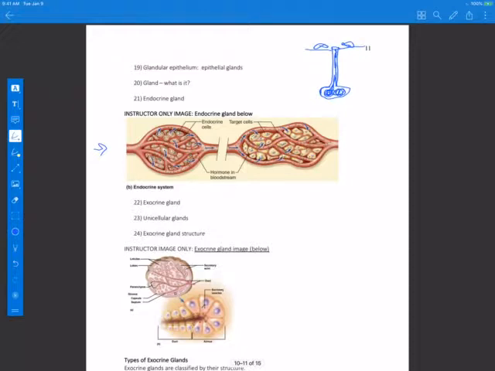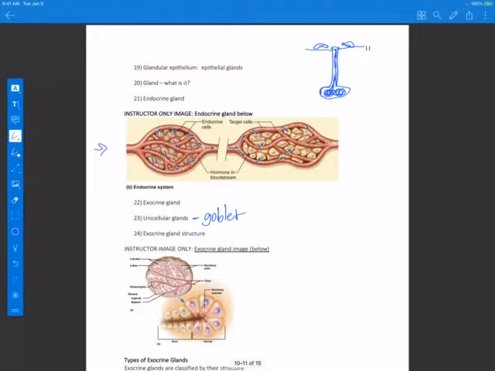A goblet cell is a unicellular gland. It secretes a substance called mucin that when it mixes with the watery extracellular fluid becomes mucus. So basically a goblet cell secretes mucus. Another unicellular gland would be the endocrine cells of the stomach and the small intestine.